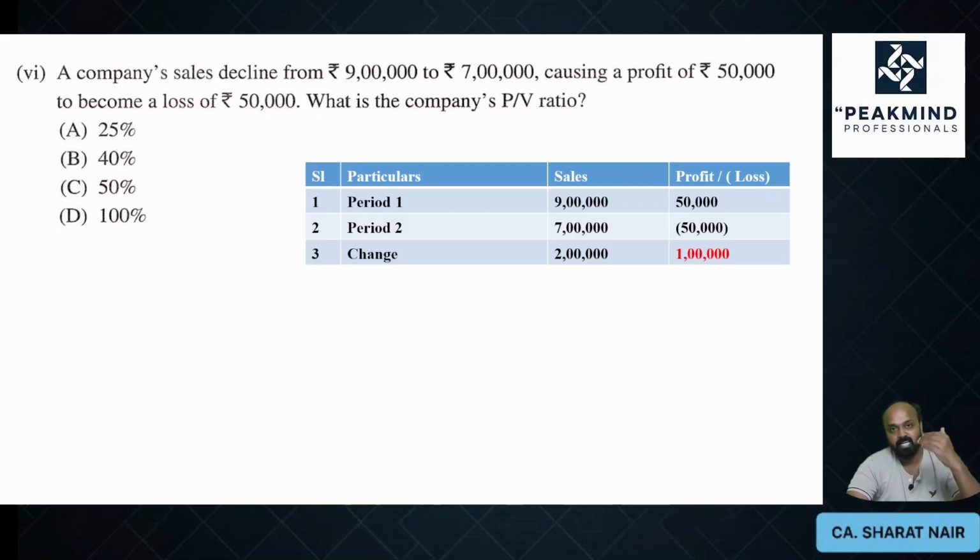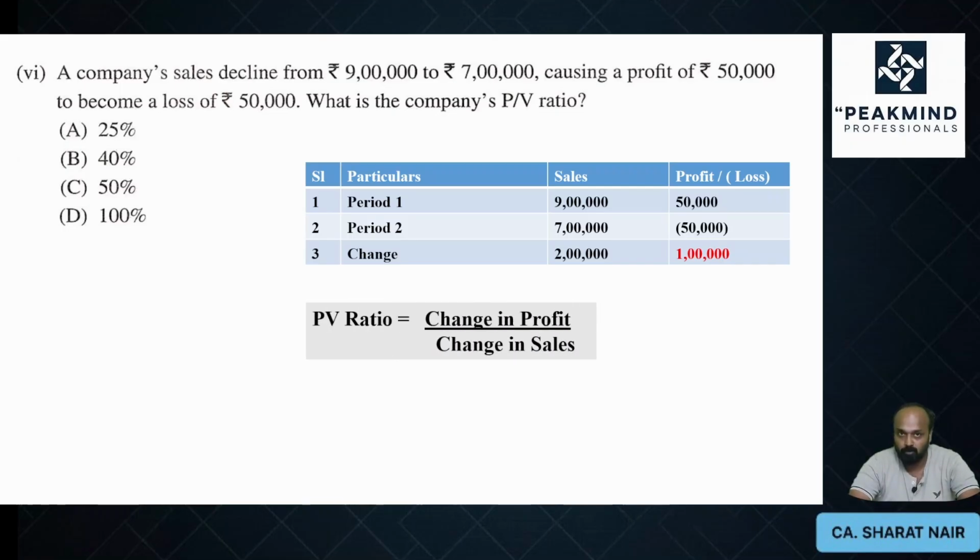See, from minus 50,000 to 50,000, there is a journey. From minus 50,000 to 0, there is 50,000. From 0 to another 50,000, there is another 50,000. So it becomes 1 lakh. Now applying the formula, change in profit divided by change in sales, we have 1 lakh divided by 2 lakh. The answer is 50%.